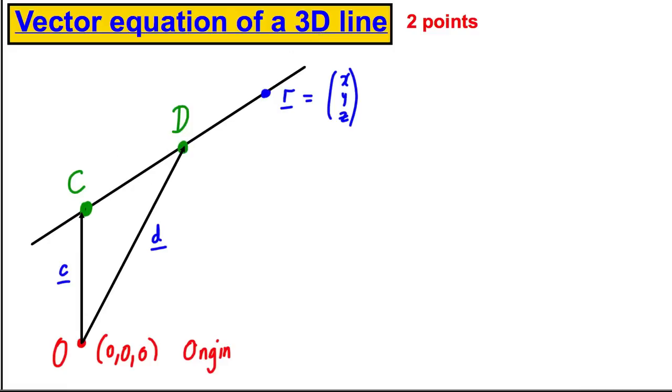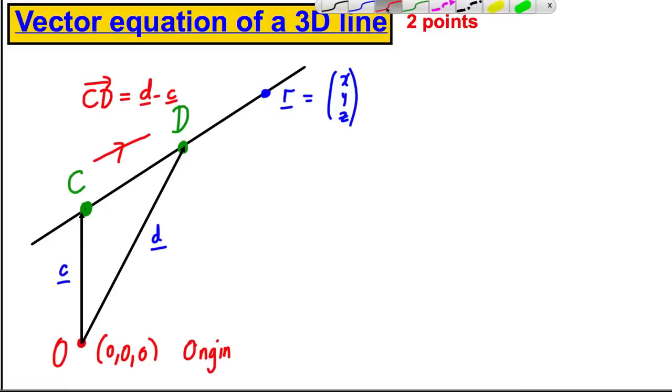Now, we don't know the direction of the line, but look, we can find it. The direction of this line must be the vector CD, mustn't it? To get from here to here is going along the right direction. Sorry, to get from C to D, it's negative c plus d, so it's equal to d subtract c.